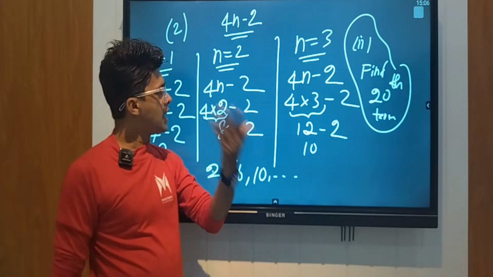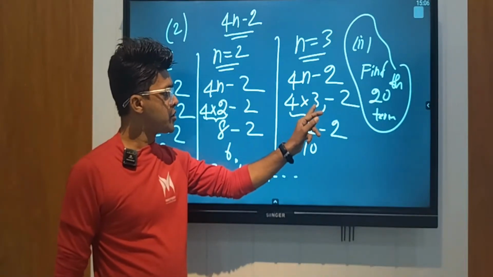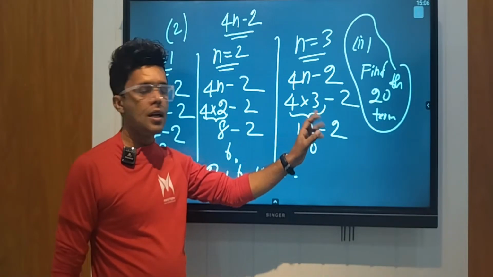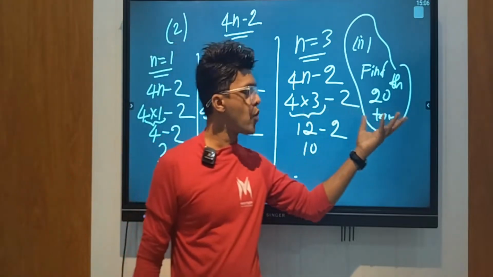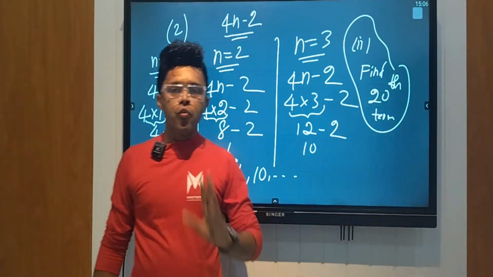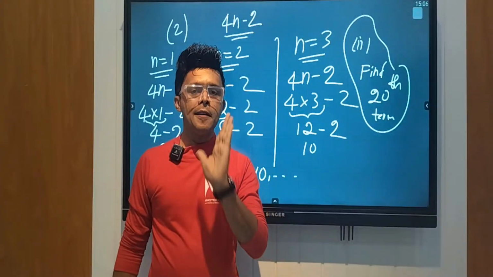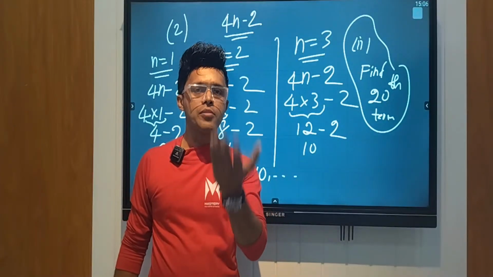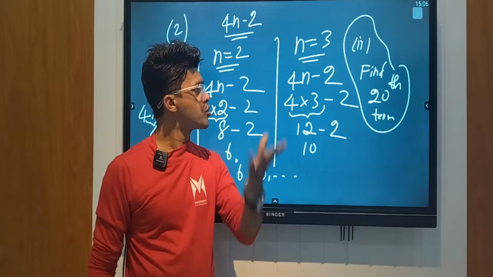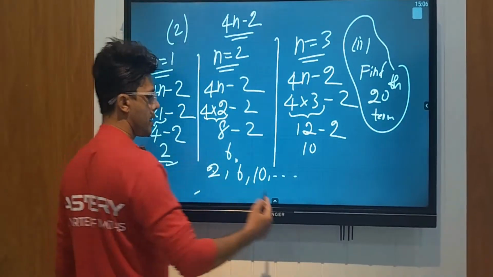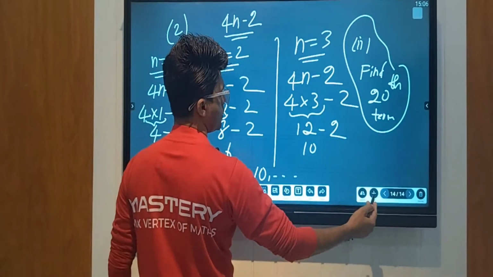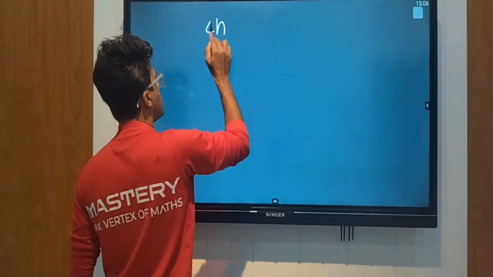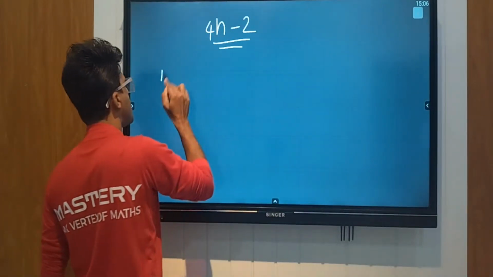When you get the third term, you substitute n equals 3. Likewise, to get the 20th term, you have to substitute n equals 20 into 4n minus 2.